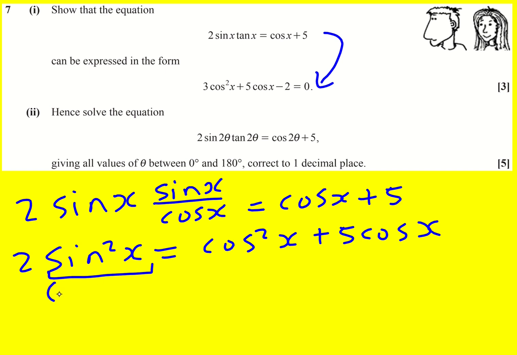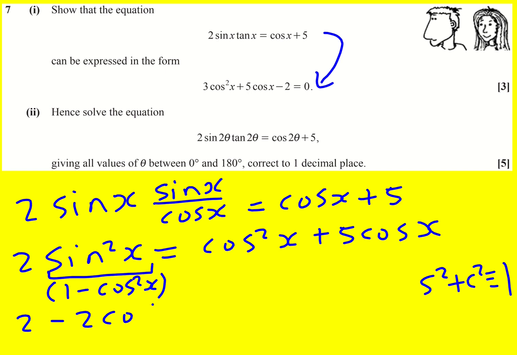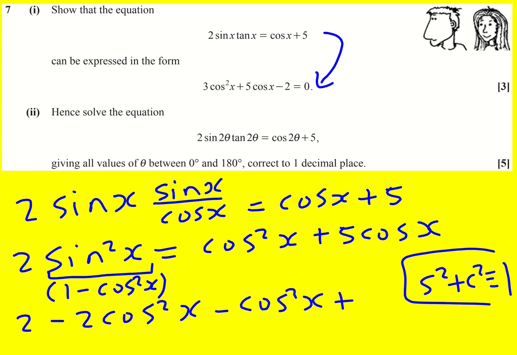So I need to replace this by 1 minus cos squared x, because I've used the fact that sine squared plus cos squared is identical for any x to 1. So I can just rearrange to get that sine squared is 1 minus cos squared. So that's going to give me 2 minus 2 cos squared x equals cos squared x plus 5 cos x.